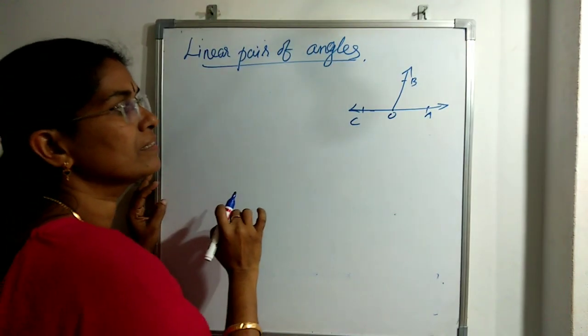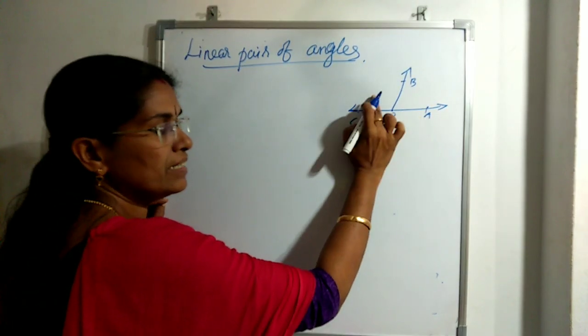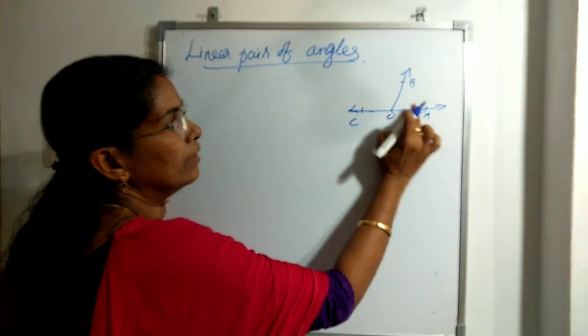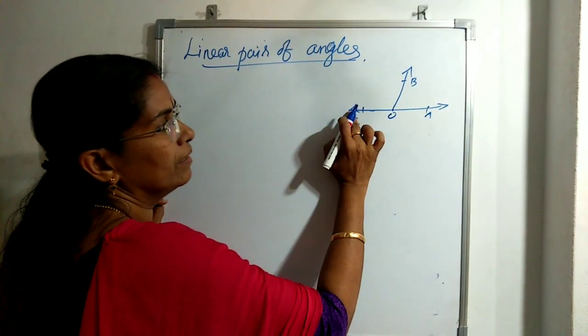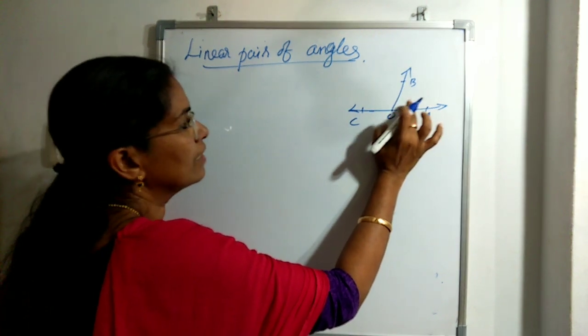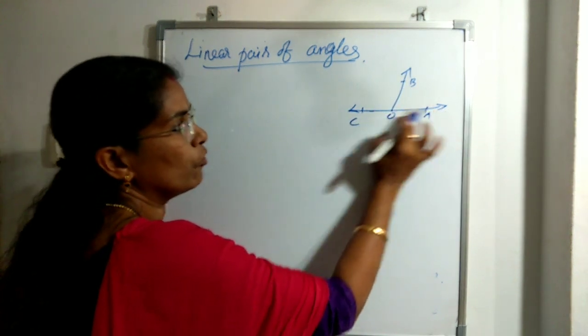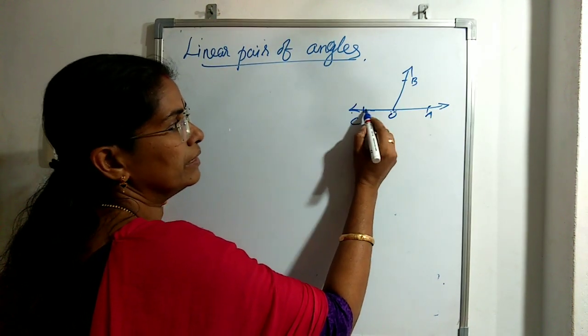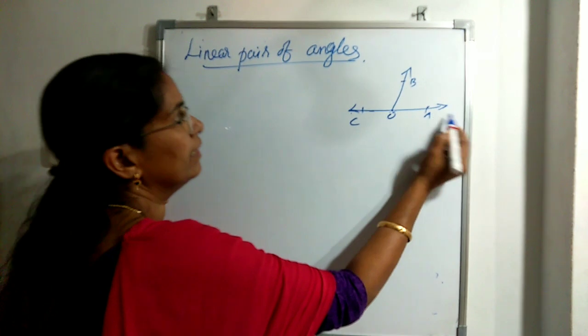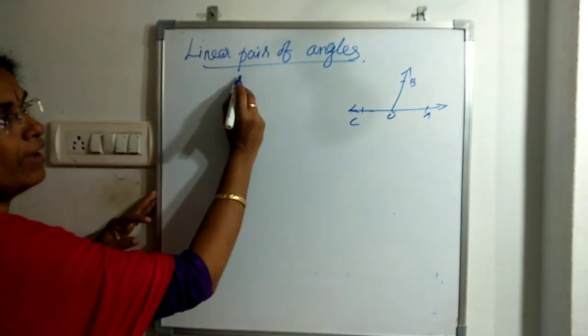So can you define this? In adjacent angles, if the non-common arms form a line, see, OA and OC are the non-common arms that form a line. It becomes a line. Then we can say it is a linear pair of angles.